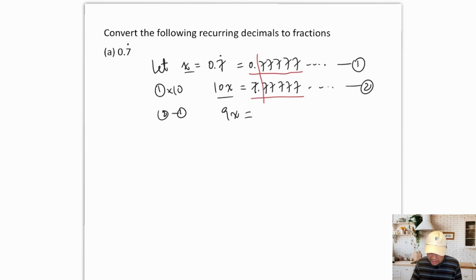So 7.777 minus 0.7777, the result will be equal to 7. So we move 9 to the right hand side. x will be equal to 7 over 9. At the end, we write the answer: 0.7 recurring is equal to 7 over 9. You can check the answer with the calculator. They will be the same.